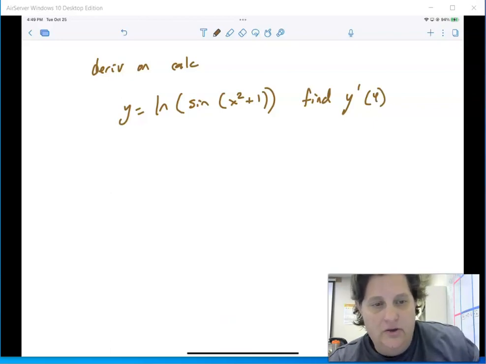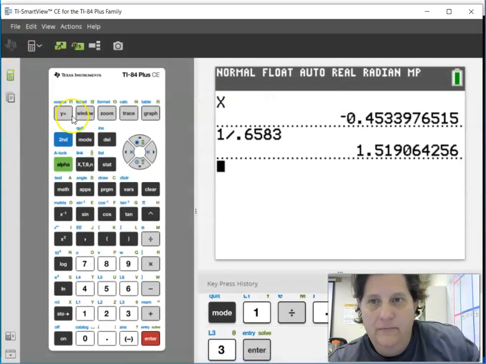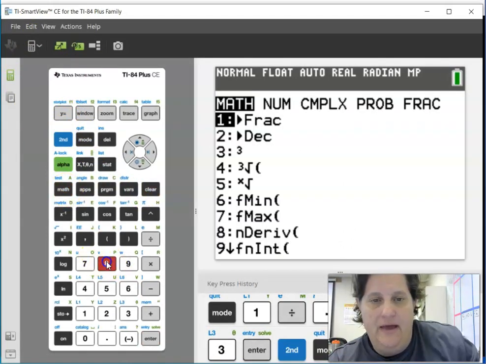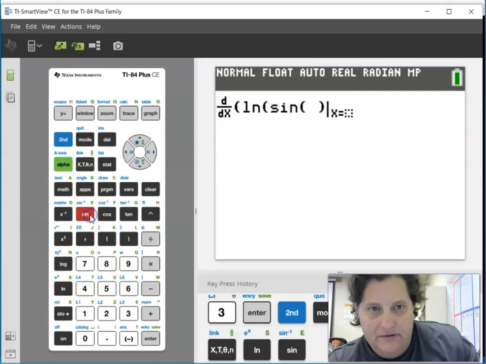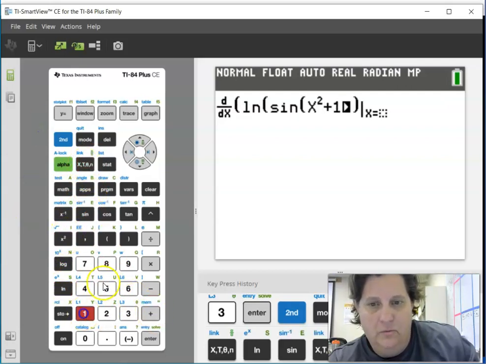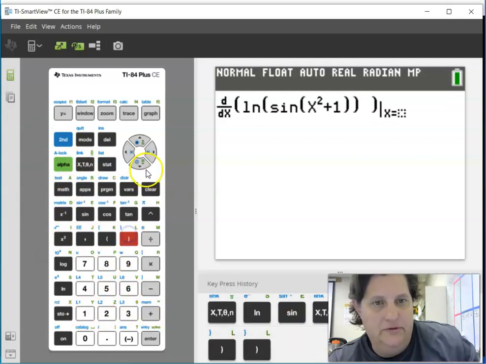All you have to do is go from the home screen. You can go math 8, because that's where derivative is. All right. Write in your equation. I think I made it crazy. So it was like ln of sine of x squared plus 1, parenthesis, parenthesis. And I'm evaluating that at 4.